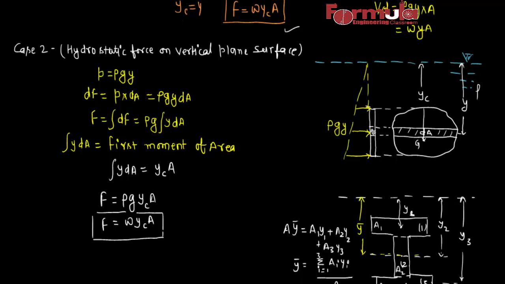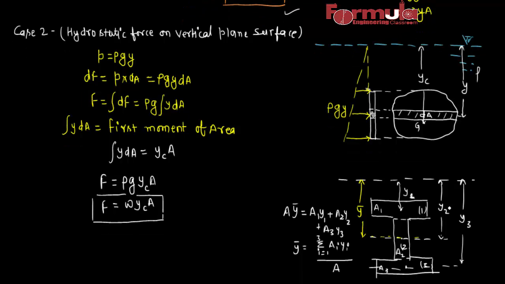In this case you can see the pressure intensity is variable. It is less here, it increases, and it is maximum here. So why is the formula the same here? Let's take a look. We know this is our center of gravity line, and this is our center of gravity point here, so here is the CG.